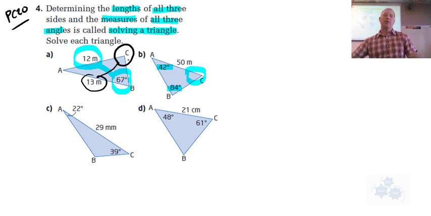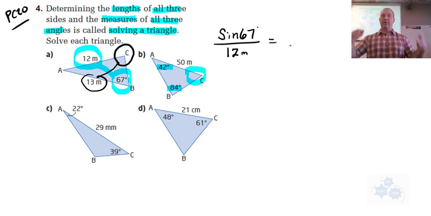This is how it might look. I want to solve for angle C, so I'm going to use this version where we have the sine of the angle on top. Sine 67 degrees over 12, and you can have your units in there, it's no problem. Equals sine of C over 13 meters.